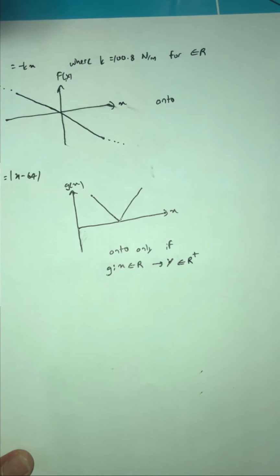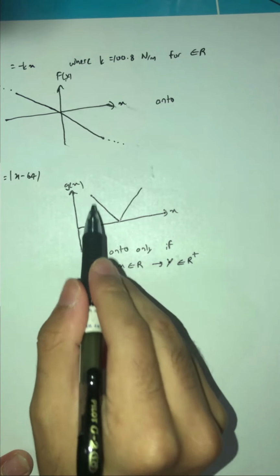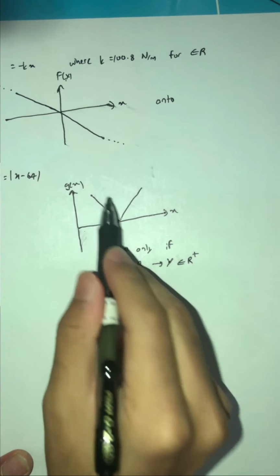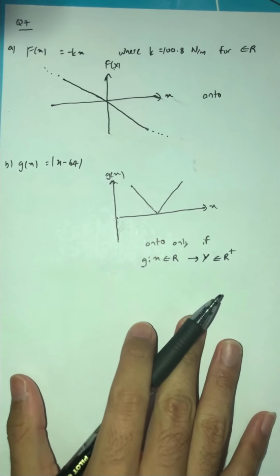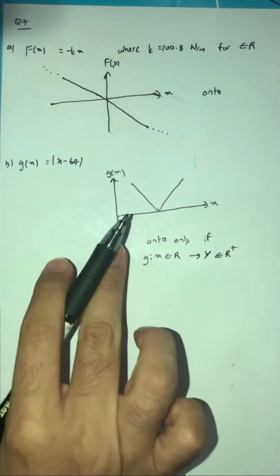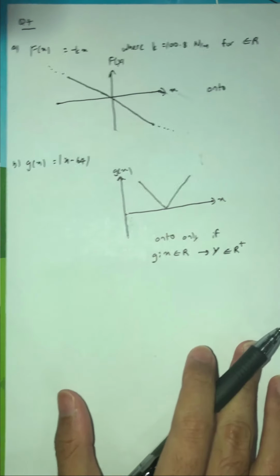Okay, like this, which means that it's onto only when y is positive, right? But in general it is not onto, because at a negative g(x) there's no x.